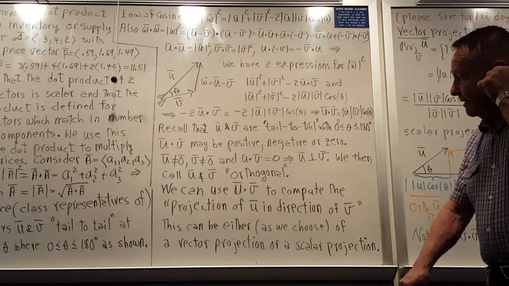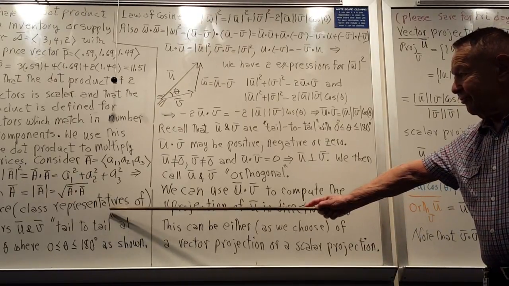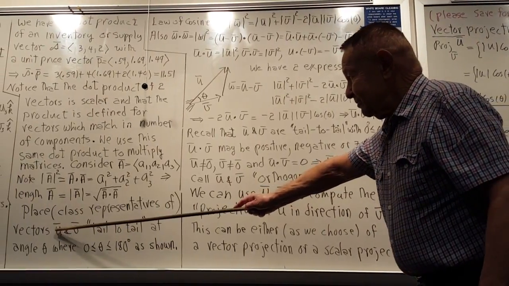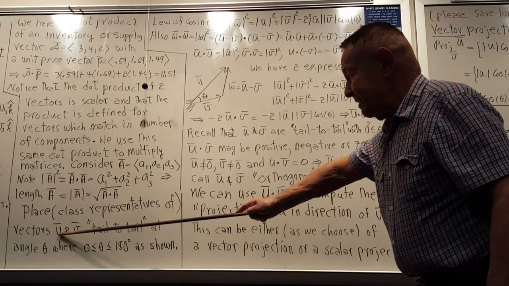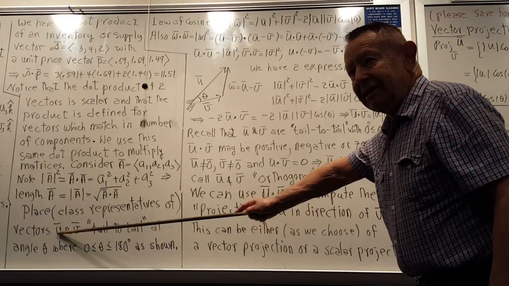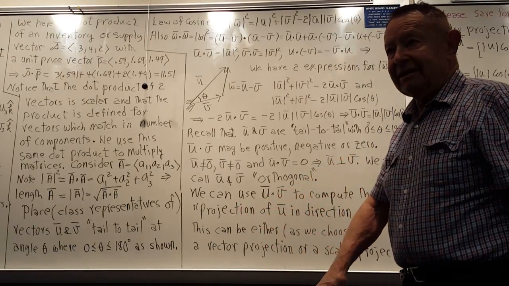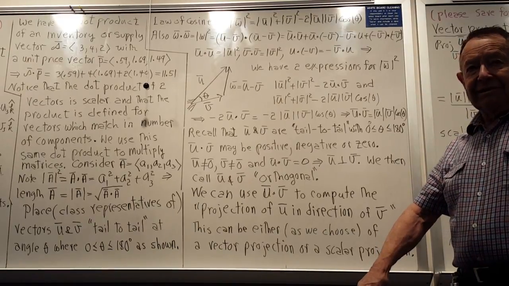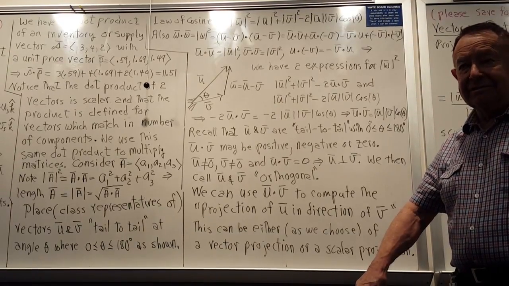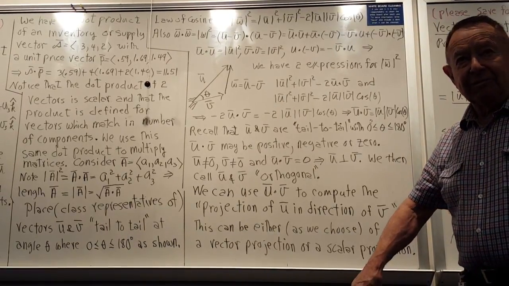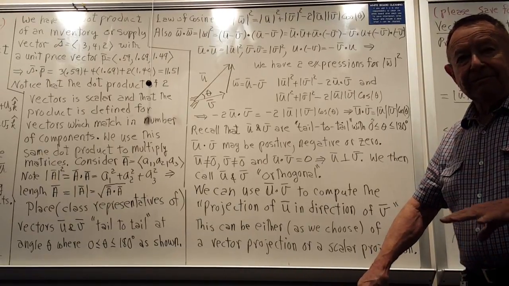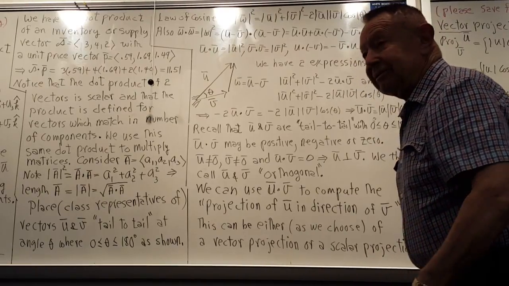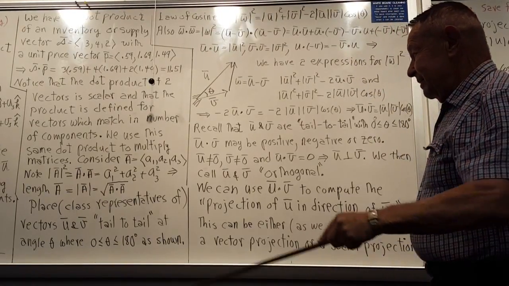So the class representative for any vector U is one of the infinitely many arrows, all pointed alike and all the same length. And usually you think, for example, of the one with its tail at the origin, if you have no other particular point to determine where to place the tail.